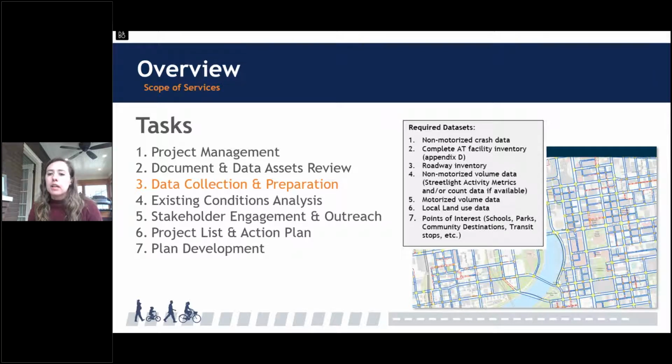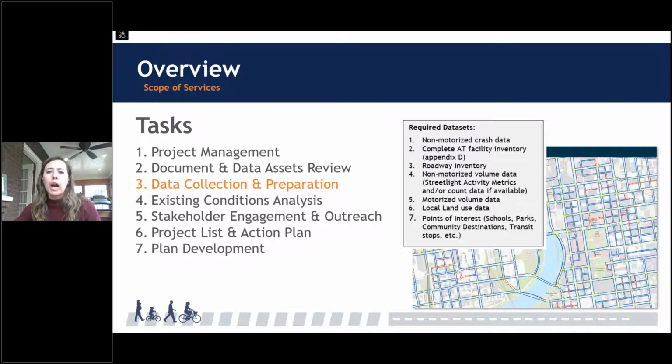We'll be looking at our roadway inventory, bicycle and pedestrian activity metrics, motorized volume data, information on land use, as well as points of interest. So these are sort of the minimum data sets that we'll be looking to include so that we're able to conduct a specific set of analyses.